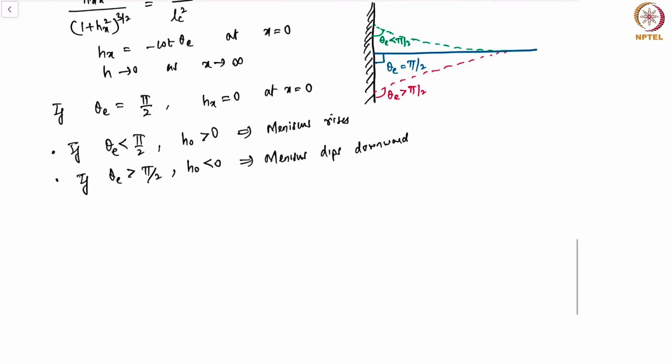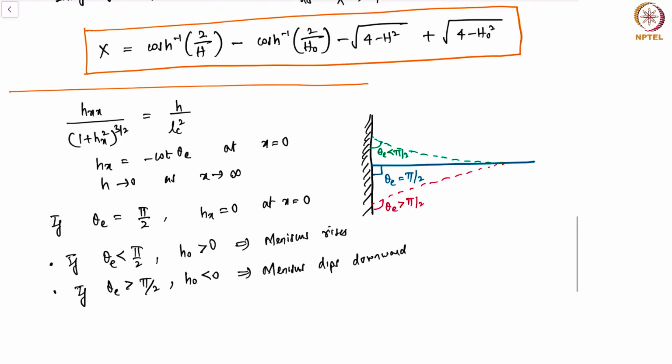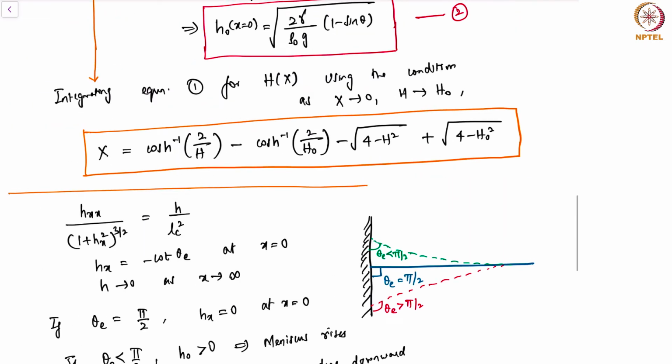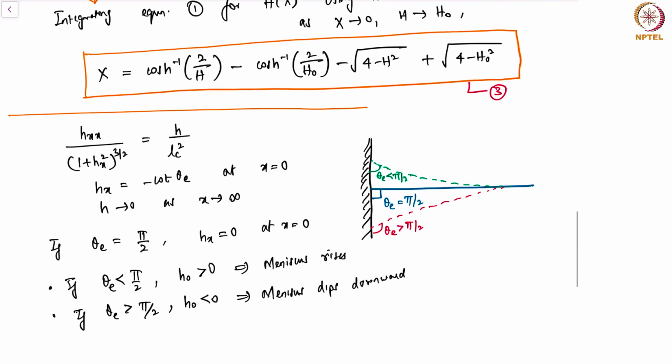So we also want to get a simpler formula for the shape, because the previous result, let's number this equation, the previous result shown in equation number 3 is too complex to get any simple physical insight.